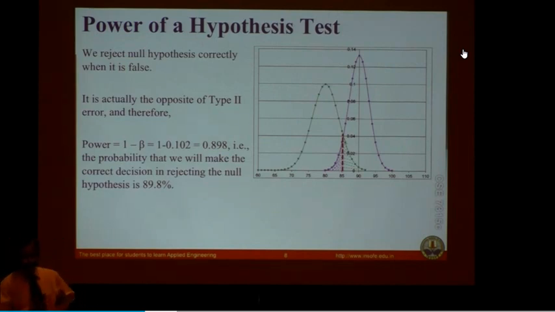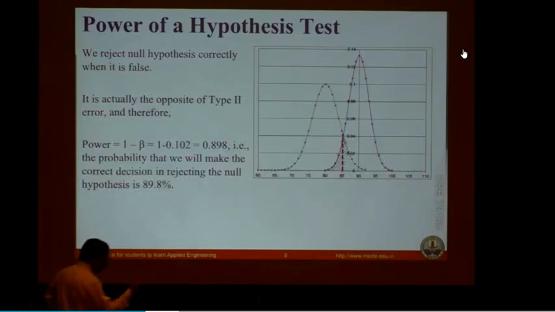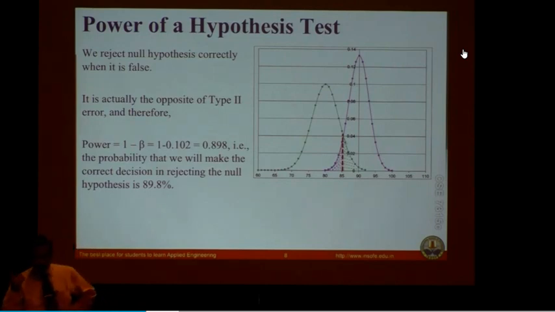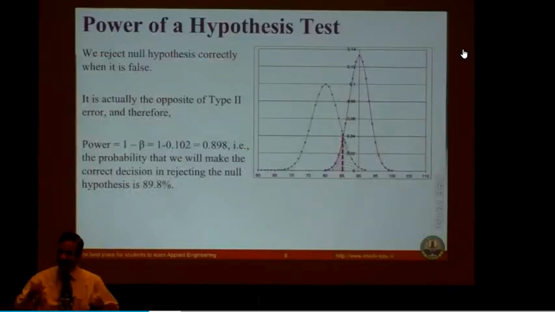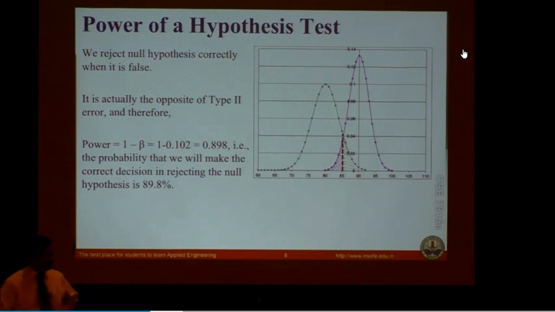And in the alternate hypothesis, if the alternate hypothesis is true, the probability that the alternate hypothesis is 85 itself, which is where you are accepting already, so it doesn't make sense. You have already accepted it now. That's more of a hypothetical thing there.